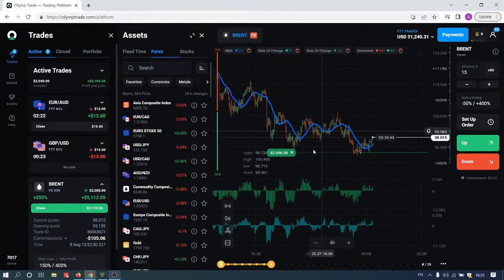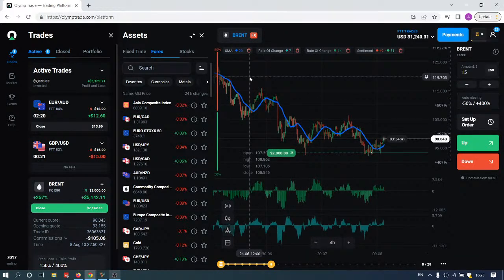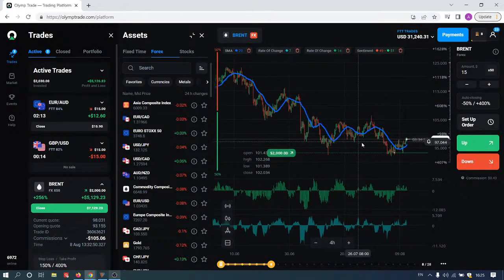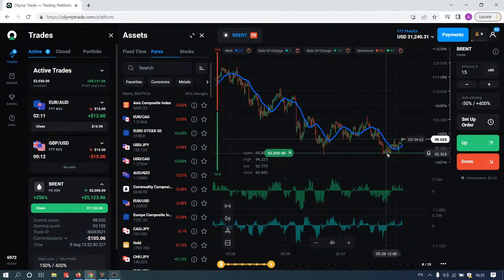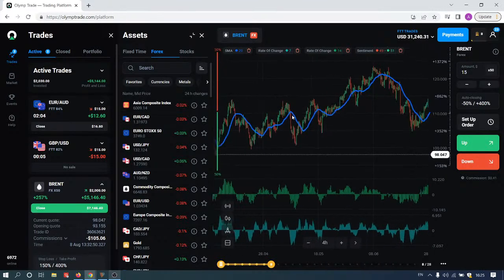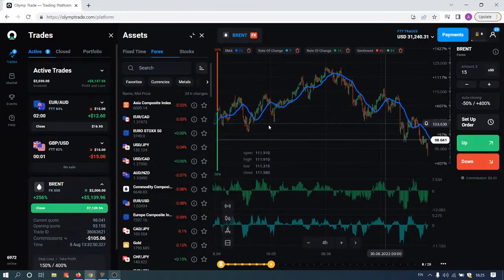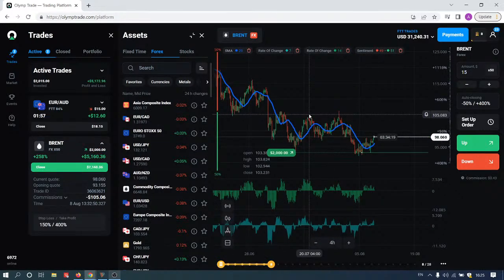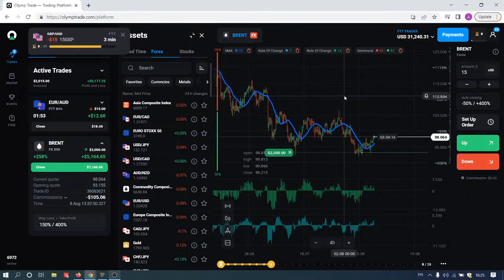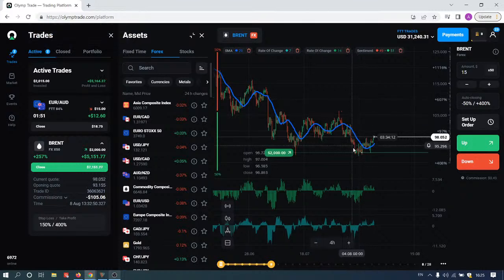The idea was very simple. It was a technical idea because, first of all, Brent oil had dropped a lot by this moment of time, and also at that time we were trading right next to this level of support here. And when price drops to a level of support, usually it makes a pullback, it bounces upwards, and basically that's what happened with that trade.